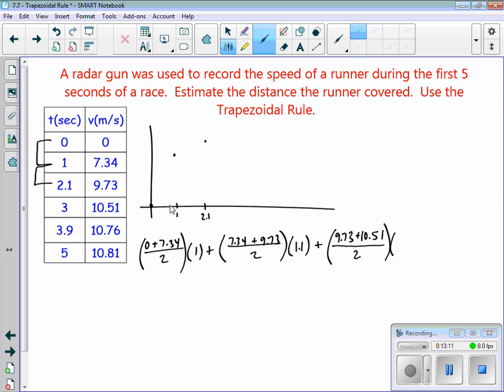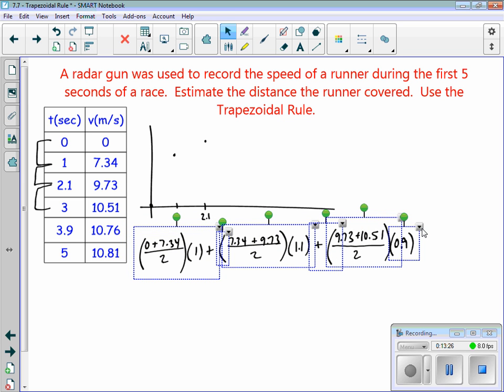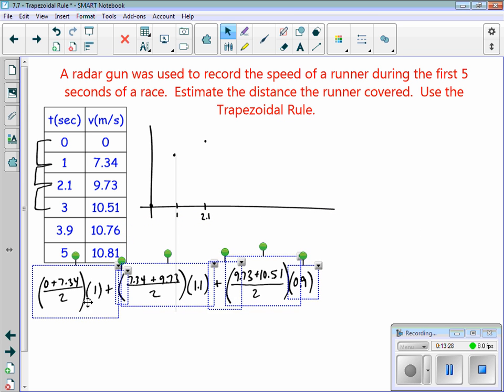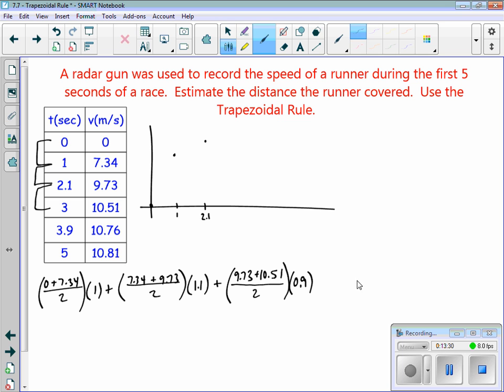And the width of that one would be, did you guys get 0.9 for that width? I think you're just ahead of me. Okay, so I'm just going to continue up here and you guys can check. Make sure you have your setup right.